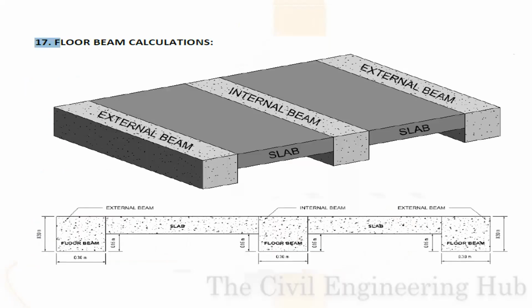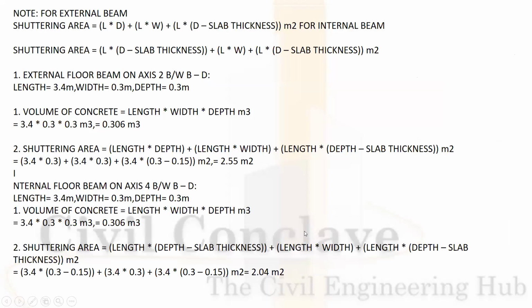Now we come to the 4-beam calculation. See, this is the internal beam, external beam. See, all this dimension has been provided. This is 0.300 mm. Okay, this is again 0.300 mm. Floor beam width will be 0.300 by 0.15. Okay, now let us go to the things.